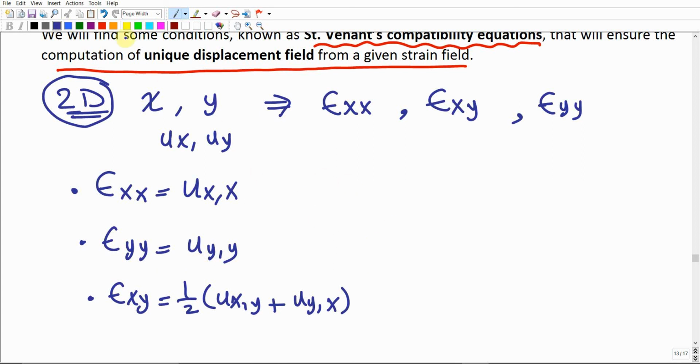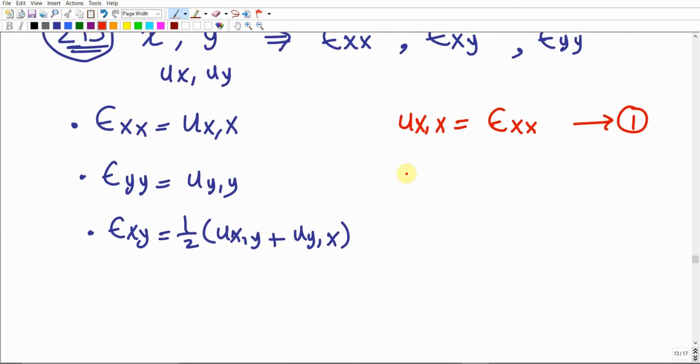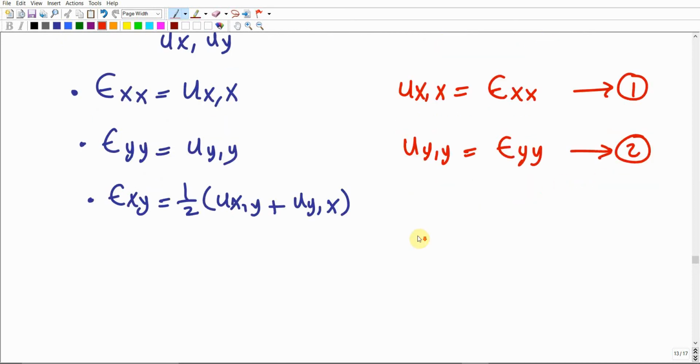Since we are interested in solving for u, we can write these 3 equations in this form: ux comma x should equal epsilon xx. Remember, epsilon xx will be given in this case, so this gives us the first equation. And uy comma y is going to be epsilon yy, and this is the second equation.